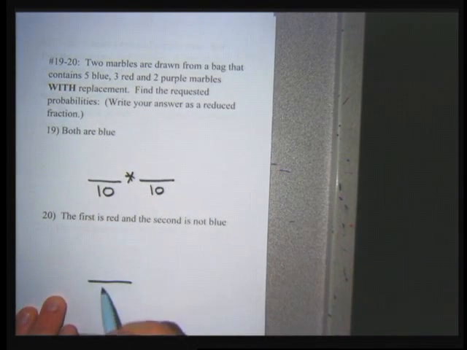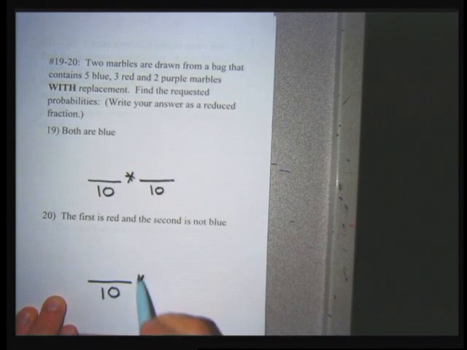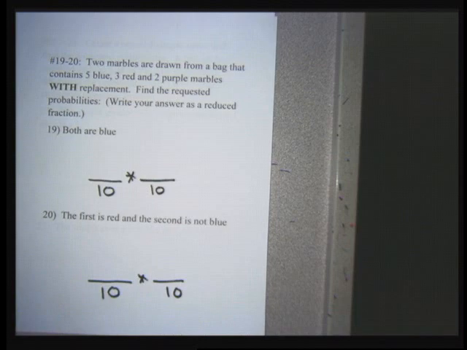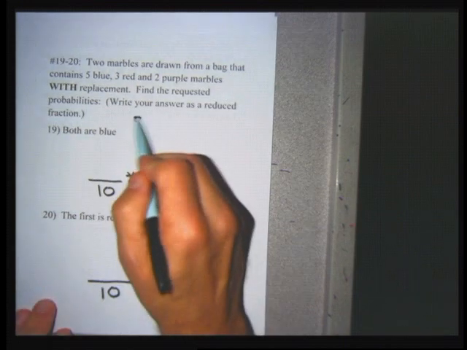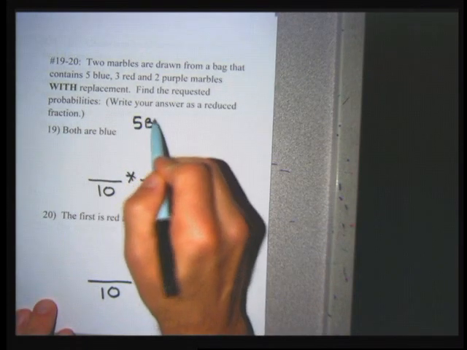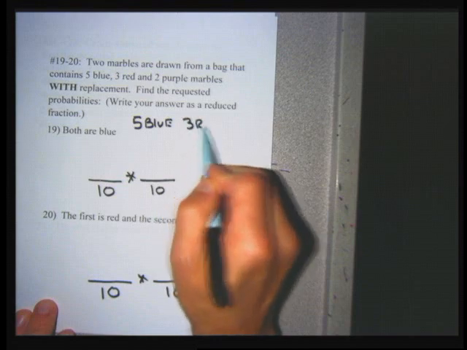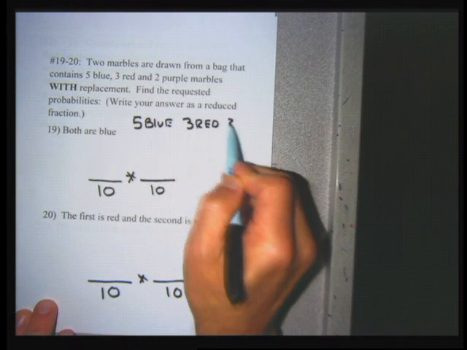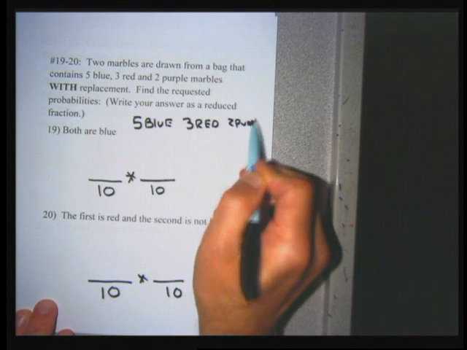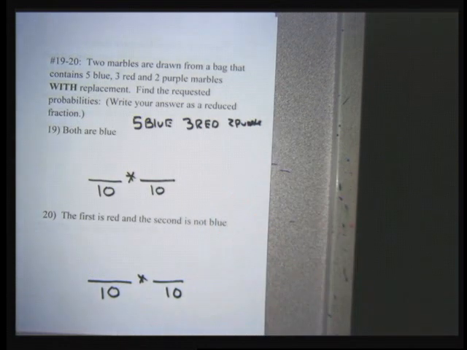But in this case, the denominators are going to go 10, then 10, because I'm putting the marble back. So for each time that I pick, there's going to be 5 blue, 3 red, and 2 purple. And that's going to be the case both times, since I'm putting any marble back.